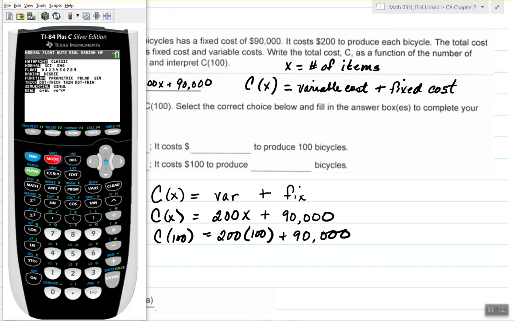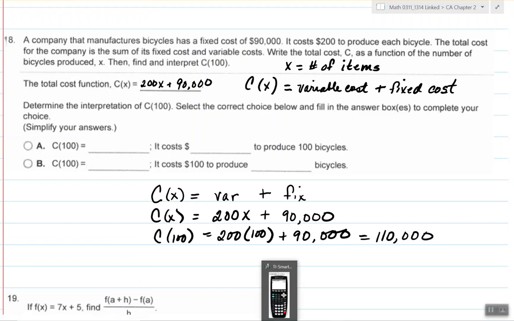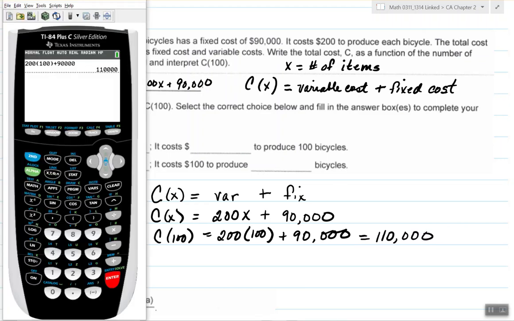And type in 200 times, I'll do parentheses for that, 100 bicycles plus the fixed cost of 90,000. Enter, and I get $110,000. Let me double check that. Yes.